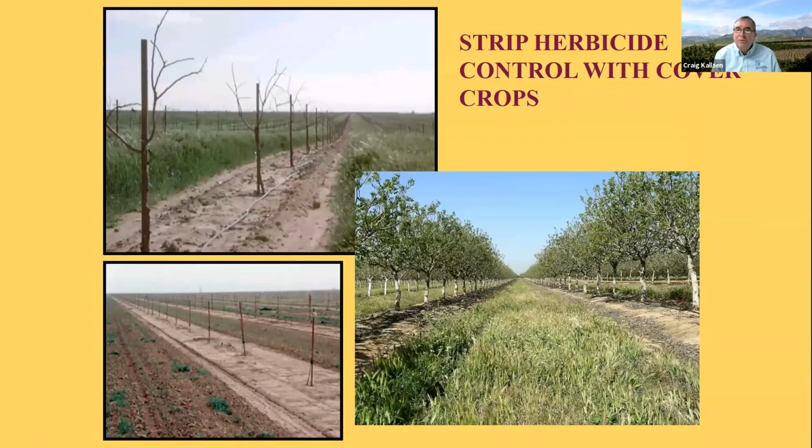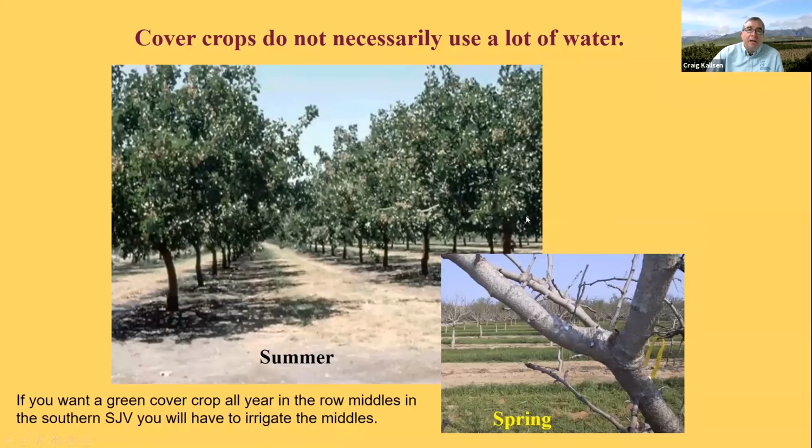Here's where we have strip herbicide control with cover crops. So in the other scenario, we were disking the middles, and this one we have a cover crop. And this can be a pretty effective means of maintaining your orchard floors, especially in Kern County. Because in Kern County by June, usually there's not much growing in the middle. So you sort of have a natural way to control vegetation there.